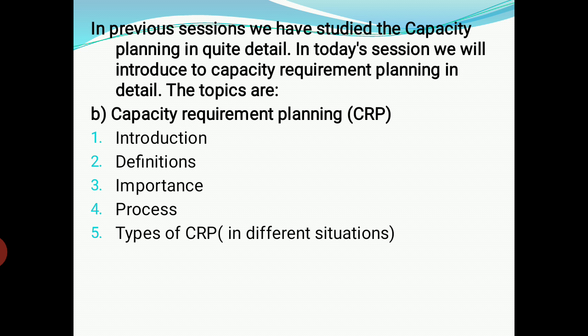The process of CRP cannot be common for each and every organization. It more or less depends on the size, maybe the type of production process that it may be taking, or what type of people are being used, what type of expertise and knowledge they are using, and likewise. And at last we'll be checking the types of CRP also in different situations.